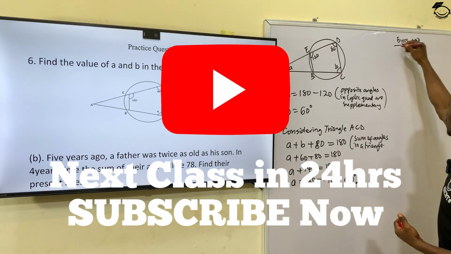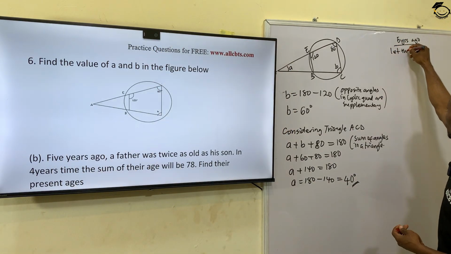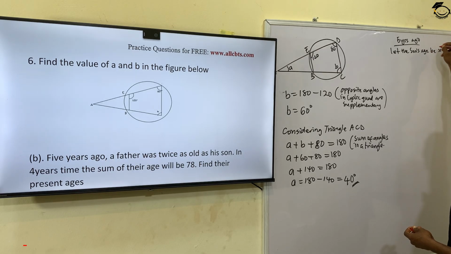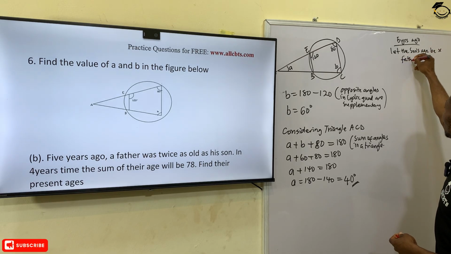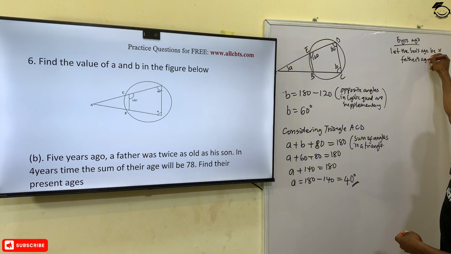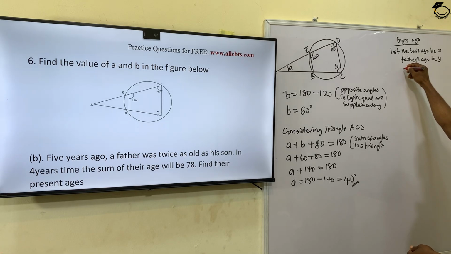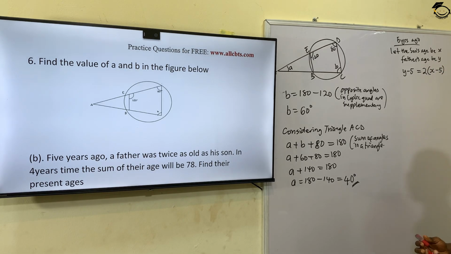So we'll start with: let the son's age be x, and the father's age be y. Now, 5 years ago would be y minus 5 for the father equals 2 bracket x minus 5 for the son, since it says the father's age was twice that of the son's age.